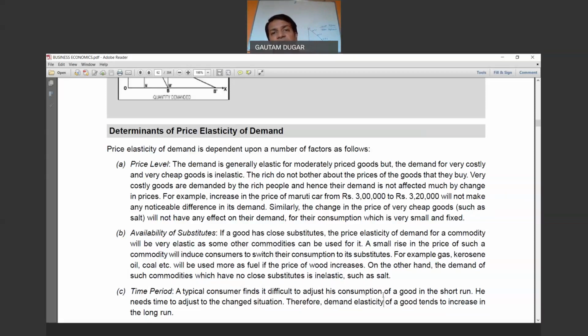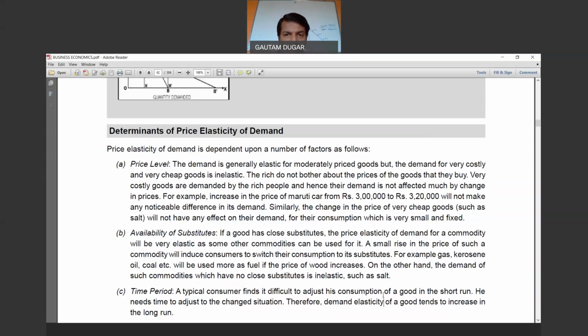That is a case of inelastic demand. And in case of substitutes being available in the market, even if the price changes a bit, consumers will shift their consumption pattern because substitutes are readily and easily available.